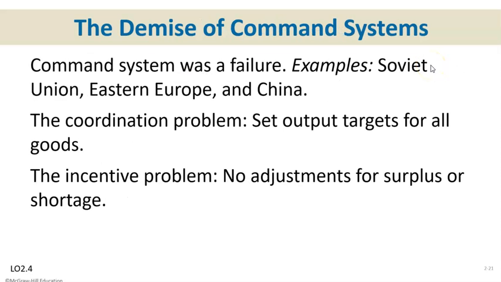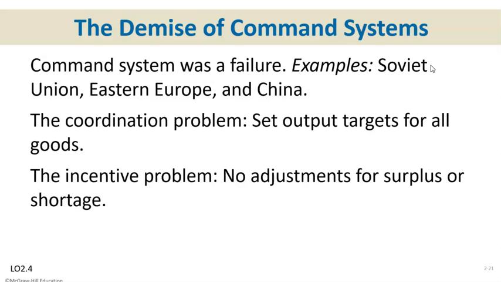So we just talked about how the market system can work very well for an entire economy. Now let's look at the flip side, the exact opposite, which is a command system. And the command system does not work. We have seen the command system cause economic ruin in countries like the Soviet Union, which ended up collapsing in Eastern Europe.